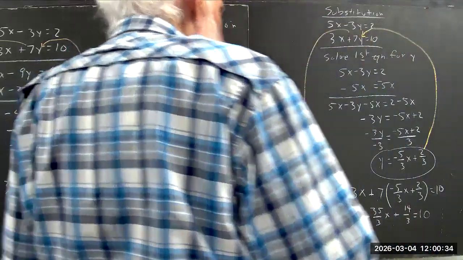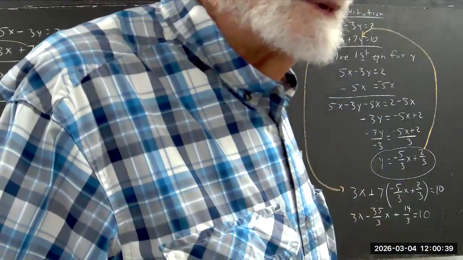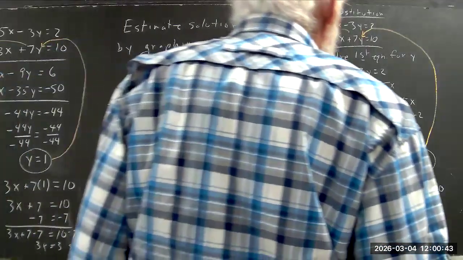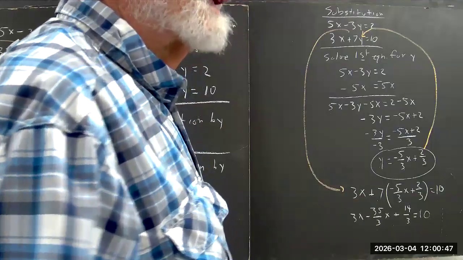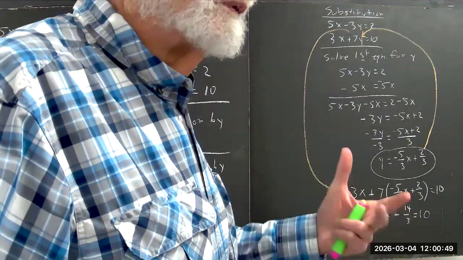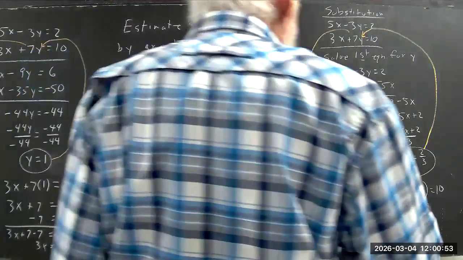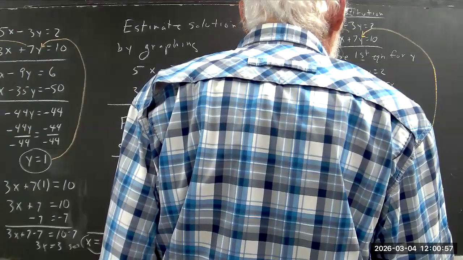Now I'm going to multiply both sides by 3 to clear out these denominators because they're irritating me. The reason you want to do that, even if you're good with fractions, is you're less likely to make a mistake if you're dealing with whole numbers and integers than if you're dealing with fractions. So even if you're adept.